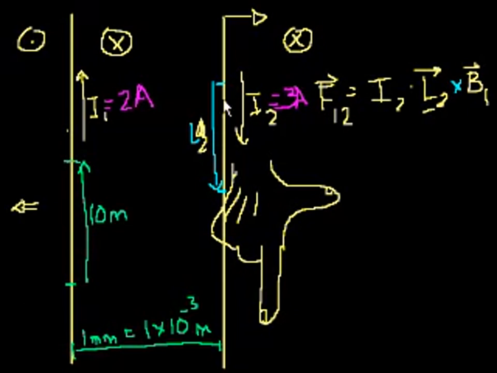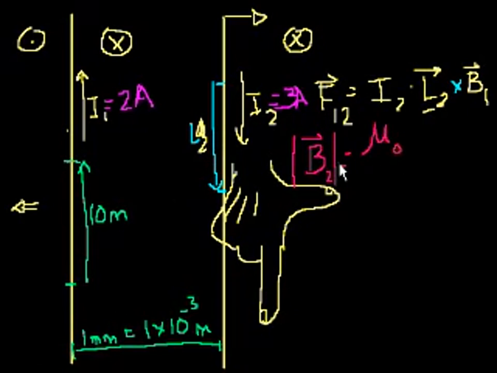First, let's figure out the magnitude of the magnetic field created by I2. The magnetic field created by current 2, we're worried about the magnitude of it, is equal to, and we saw it before, we're assuming that it's in air, so we can use the permeability of a vacuum.